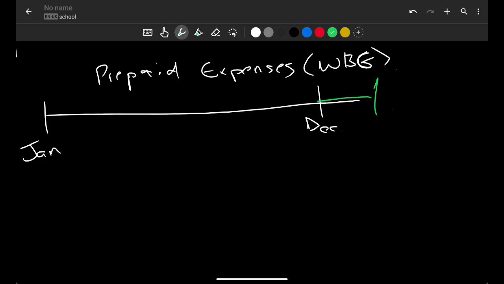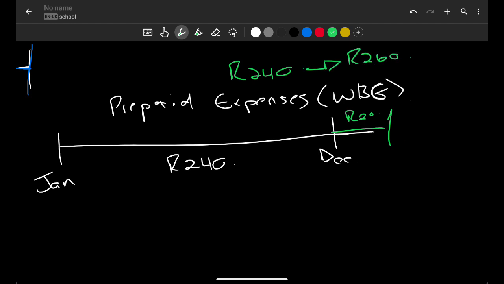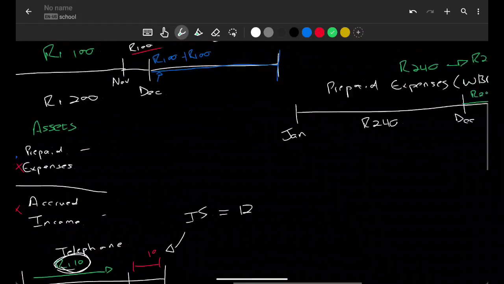If this thing is 20 Rand per month times 12, that is 240 Rand. So we were supposed to pay 240 Rand. That is the original amount that we were supposed to pay, 240. But we paid an extra 20 Rand here, making our total now 260, right?